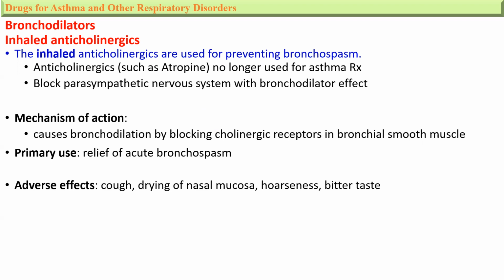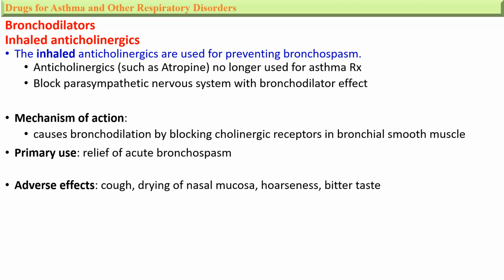They block the cholinergic receptors in bronchial smooth muscle, which results in bronchodilation. Primary use is relief of acute bronchospasm, sometimes combined with beta agonists or glucocorticoid steroids.